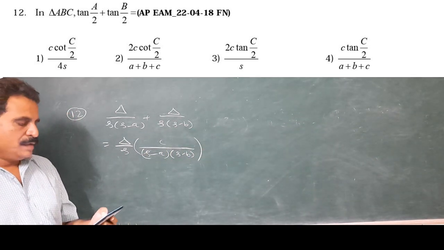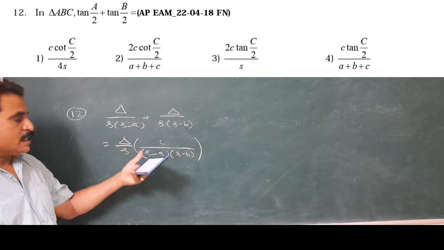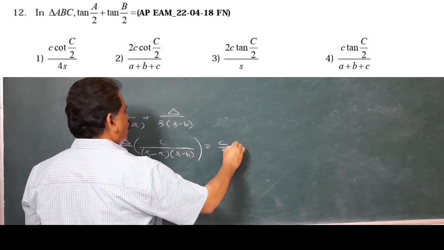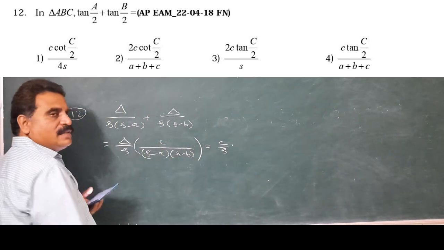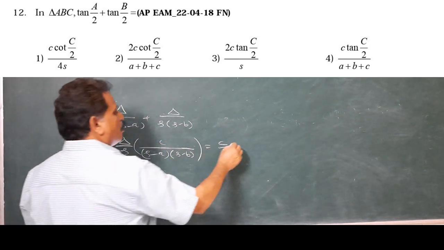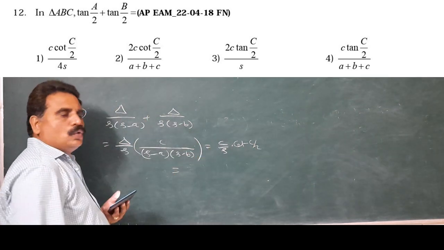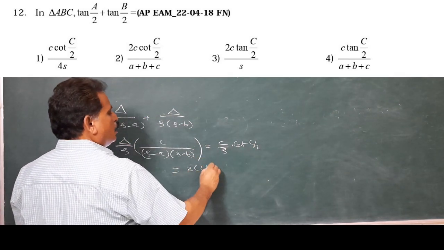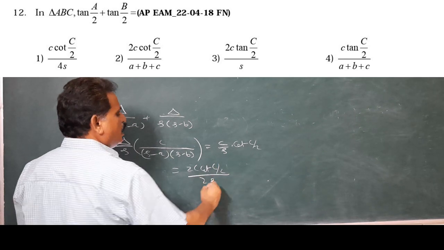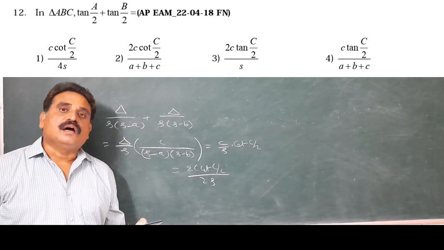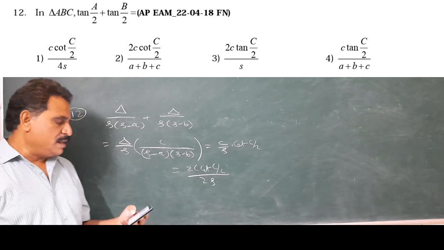C by that. Now here delta by (s minus a) into (s minus b) is c by s into delta by (s minus a) into (s minus b), that is cot C by 2. Multiply up and down by 2, c cot C by 2 by 2s. 2s means a plus b plus c. Now check the option. That is option 2. Simply we can decide that.